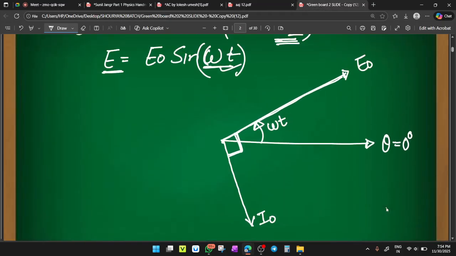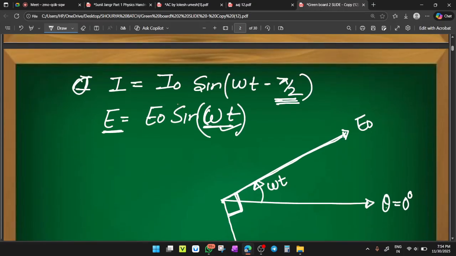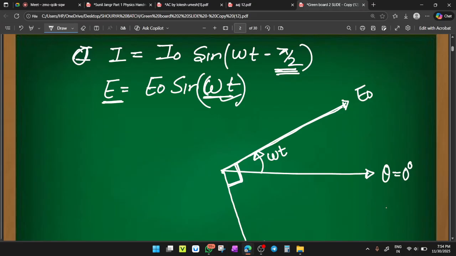The current has the instantaneous value I naught sine omega t minus pi by 2, meaning the current is lagging behind the applied EMF by an angle of pi by 2. So who is leading here? The alternating voltage is leading. Who is lagging? The alternating current is lagging.